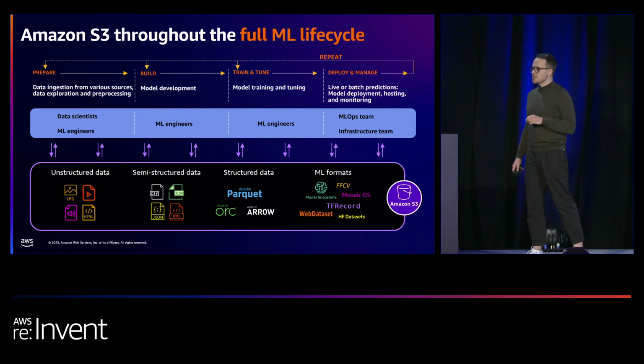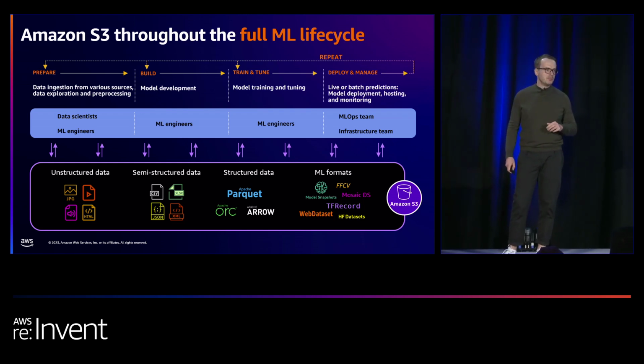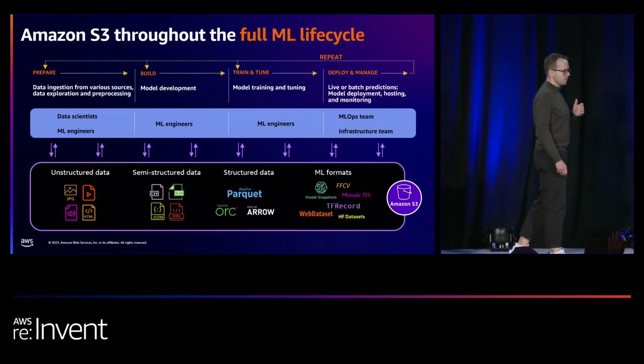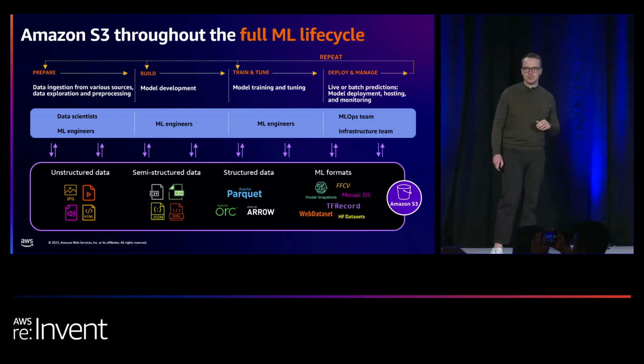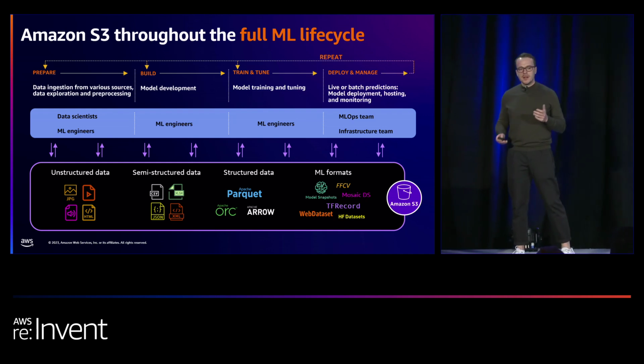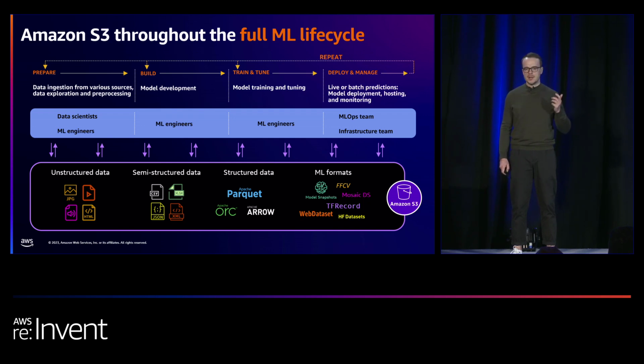So, for example, if we take the case that Dev has previously talked about, TII and the Falcon models, in the pre-training of large language models, what you might start with here is some kind of scrape of the entire internet with petabytes of unstructured data, HTML files, different media file formats stored on Amazon S3.